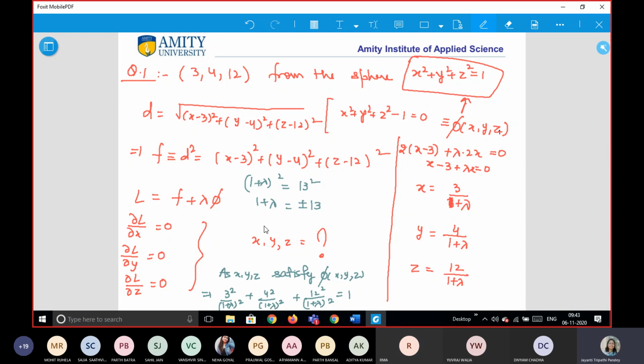So you are getting two values of lambda, either lambda is 12 or lambda is minus 14. That means you will get two different x, y, z, and you have to find the distance at those and then select the minimum distance. Is this okay or not?